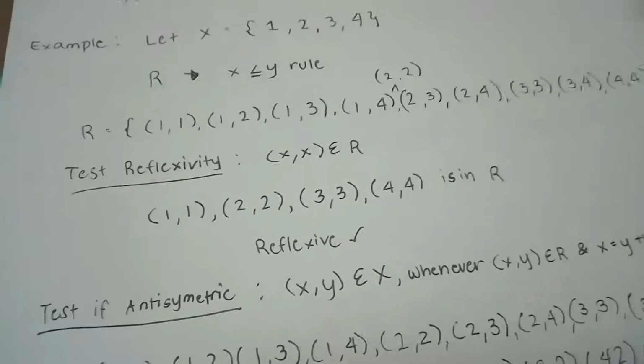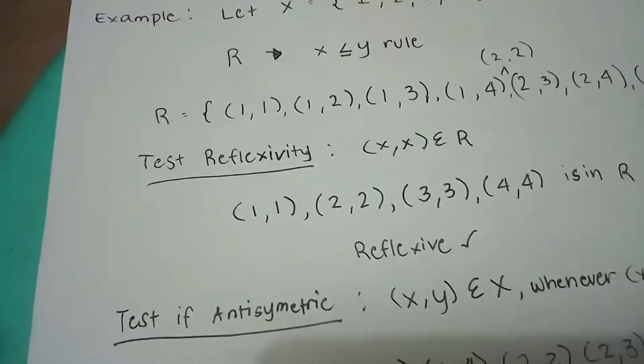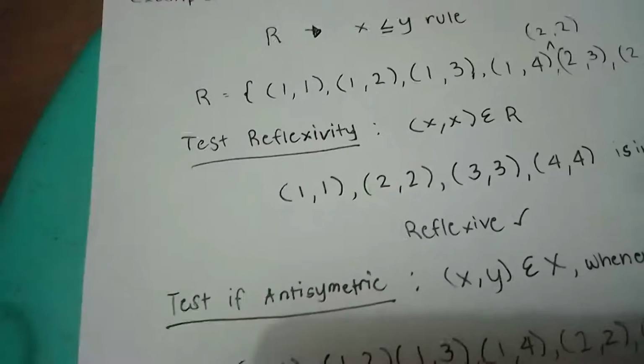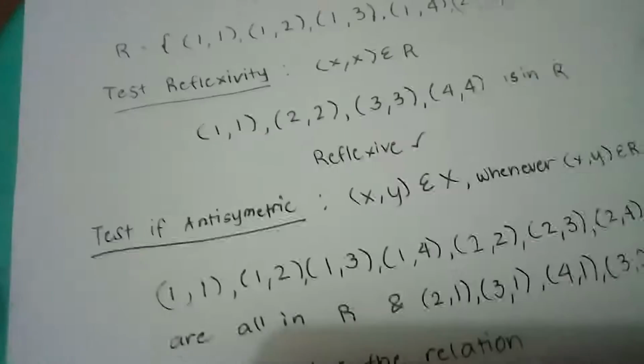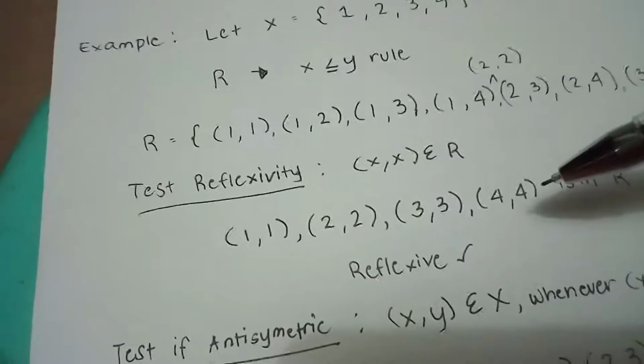So, una natin iti-test is kung reflexive pa yung ating set or yung ating relation. So, gagamitin natin yung (x, x) is an element of the relation. So, yung (x, x) meaning equal yung dalawang ordered pair, same value or same number. So, dito (1,1), (2,2), (3,3), and (4,4).